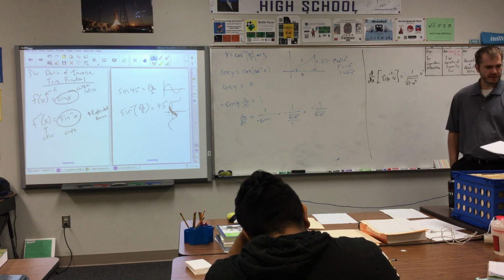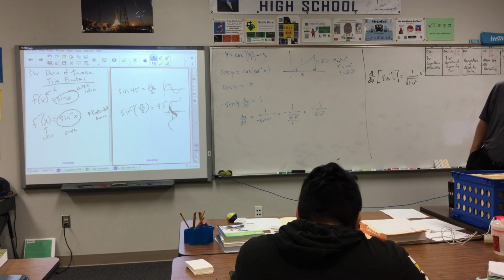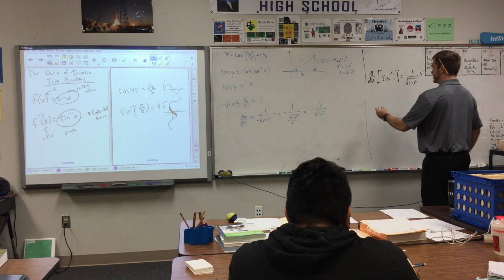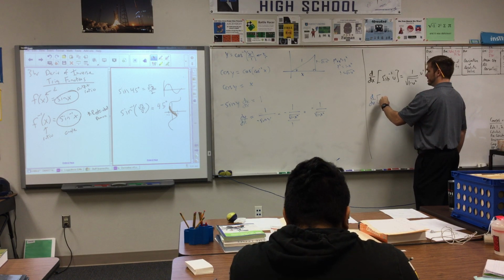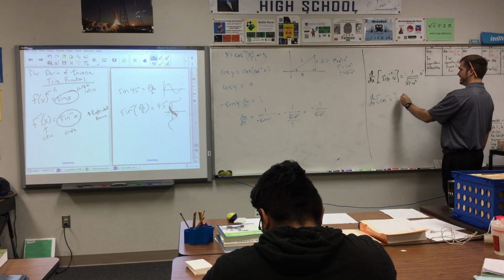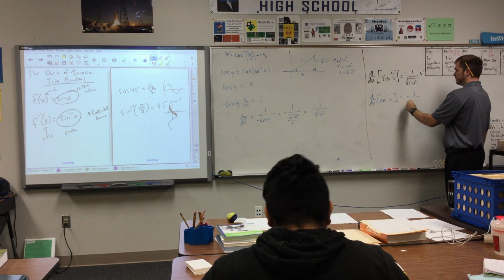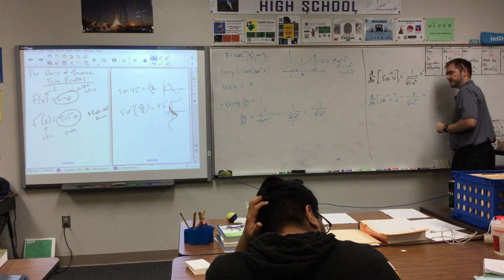On your blue sheet, do I have inverse cosine at all? Yes. Oh, okay, great. So, summary statement here: d over dx of inverse cosine, we'll go ahead and jump straight to u, is negative 1 over the square root of 1 minus u squared times u prime.